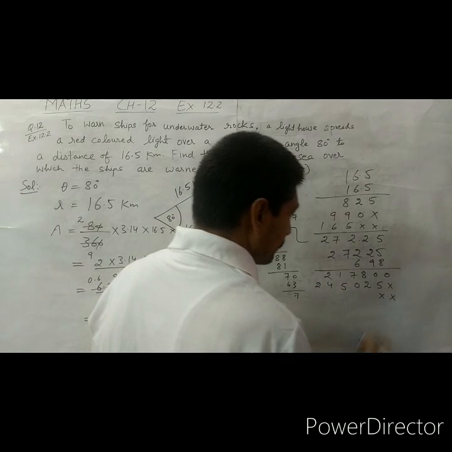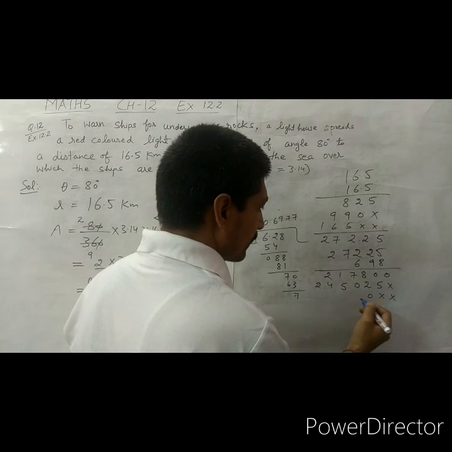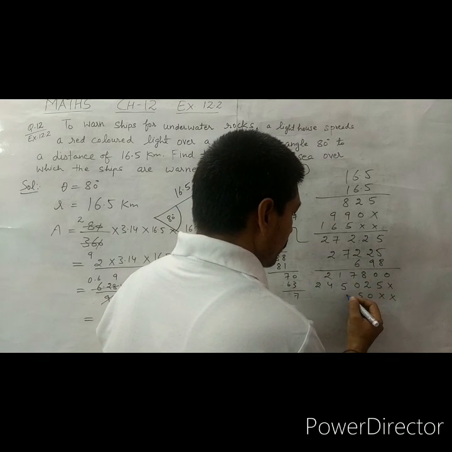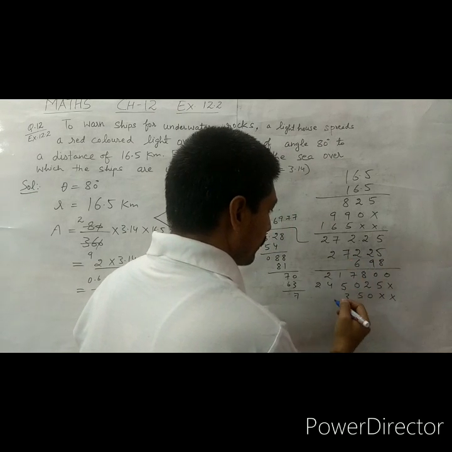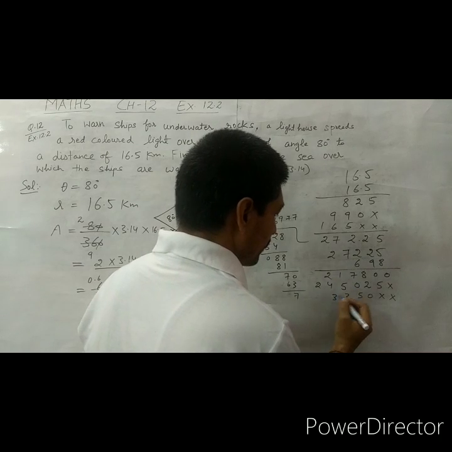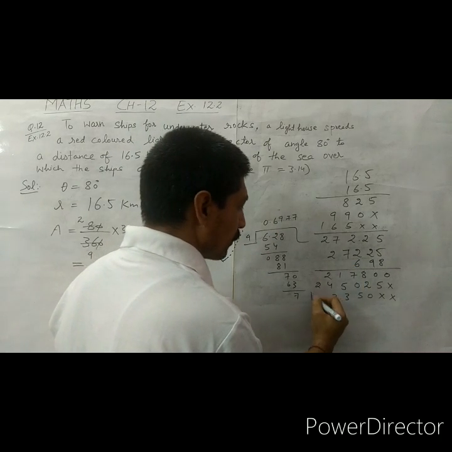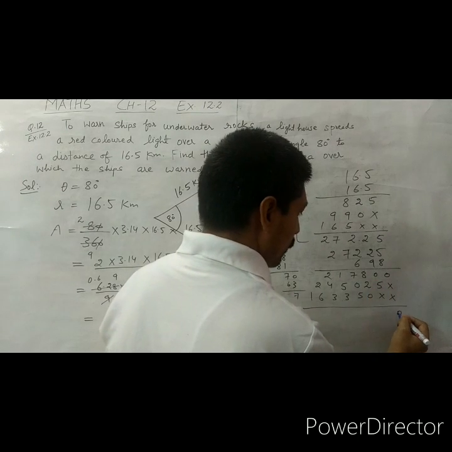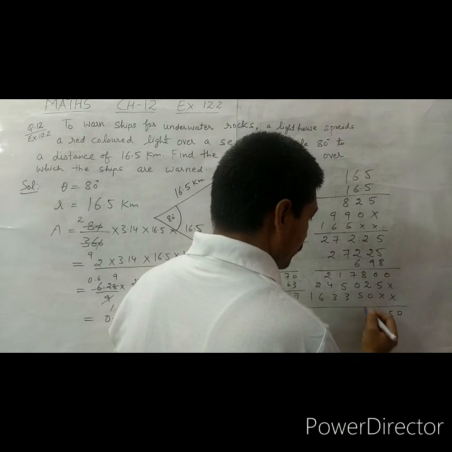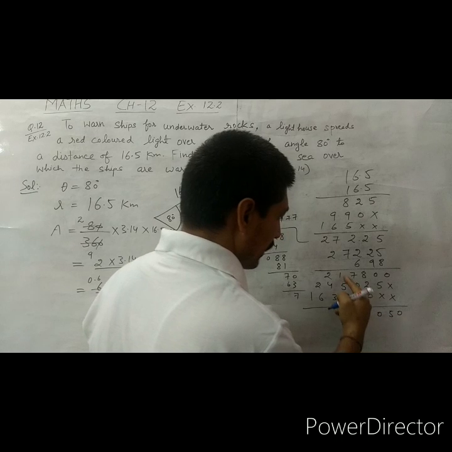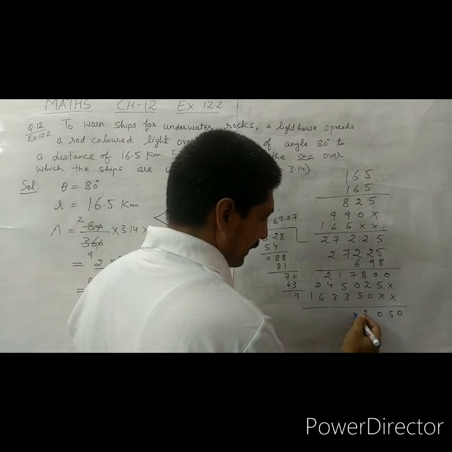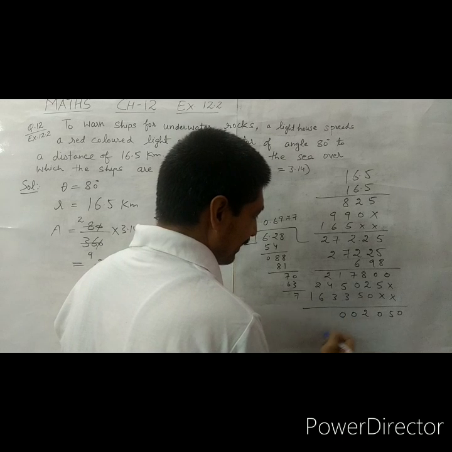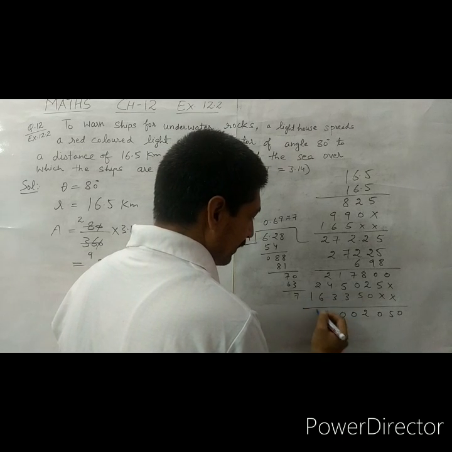And we have 6 5s are 30, 12, 15, 13, 42, 43, 4, 12 plus 4, 16. So we have 0, 5, 0, 2, 12. Here it is 9, 10, 1, 7, 9, 10, and here 8, 9.